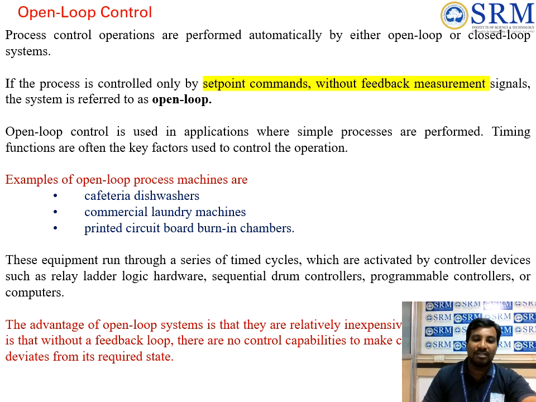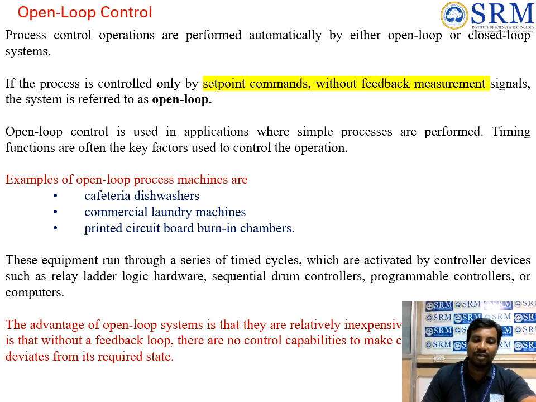There are some examples of open loop process machines: cafeteria dishwashers, commercial laundry machines, and printed circuit board burn-in chambers. This equipment runs through a series of timed cycles, which are activated by controller devices such as relay ladder logic hardware, sequential drum controllers, programmable controllers, or computers.